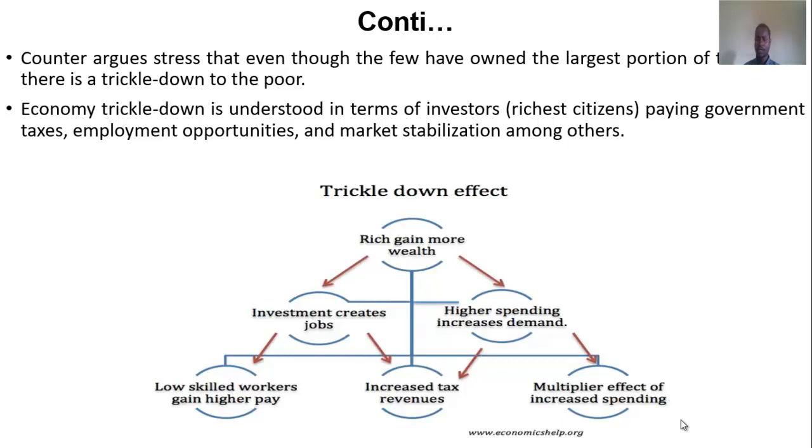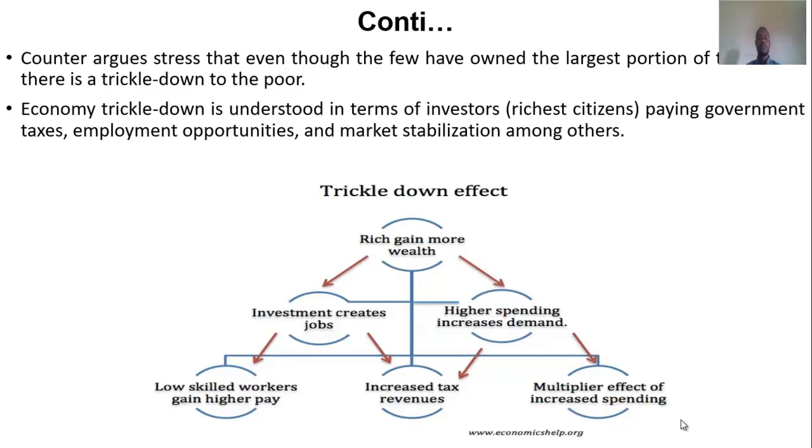goods and services from the richest section of the society and the market demand, there is a multiplier effect of increased spending. Multiplier effect in the sense that when the poorest section of the society sell their raw material inputs to the richer section of the society, they will get enough income so that they can afford their living, they can afford their health expenses, and all this.